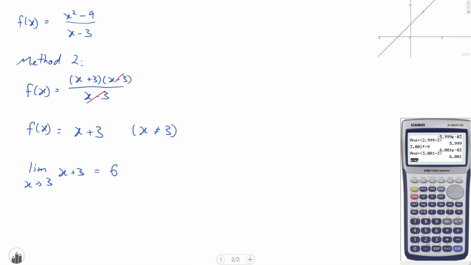Then that would be 3 plus 3, that gives you 6. But again, of course, you must be careful and mention that x cannot actually be 3 because we are dividing by it. We are only investigating how the function behaves near that value of x.